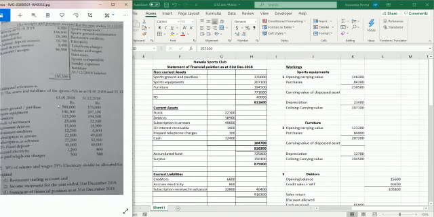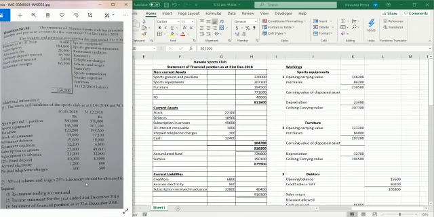Now, you are asked to prepare restaurant trading account. Actually, it should be the restaurant trading and profit and loss account for the year ended 31st December 2018. Write it down in your book. And then income statement for the year ended 31st December 2018 and statement of financial position as at 31st of December 2018.